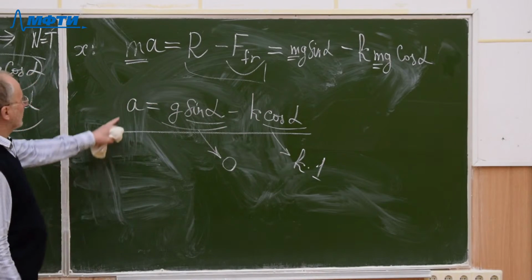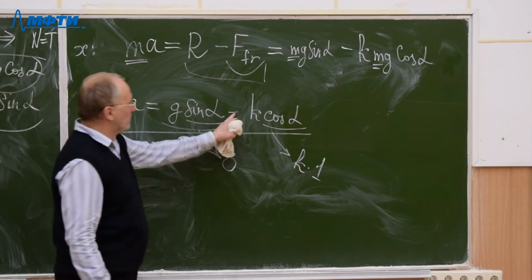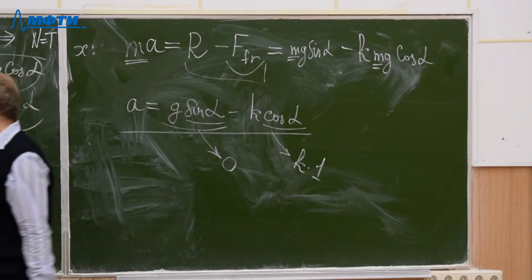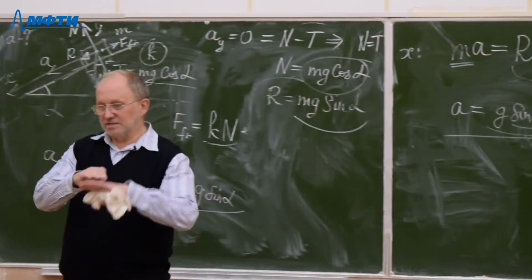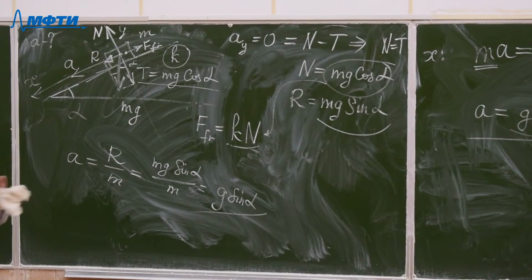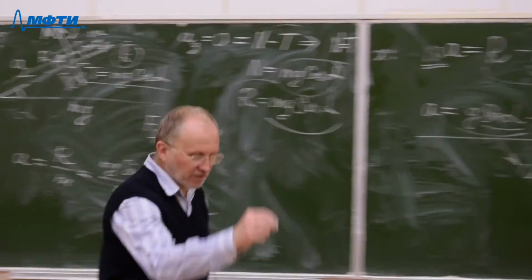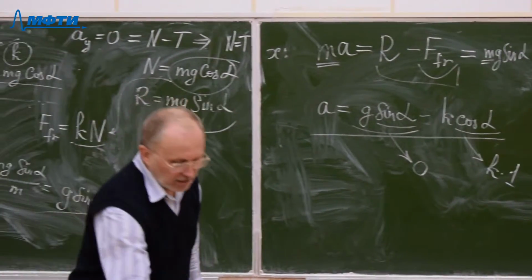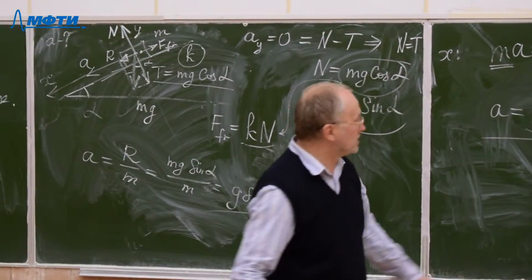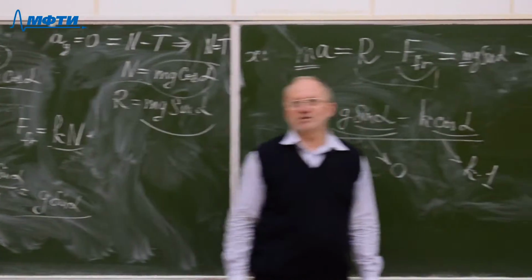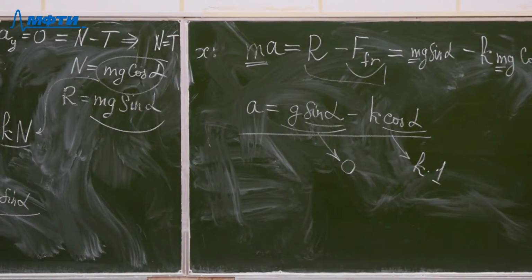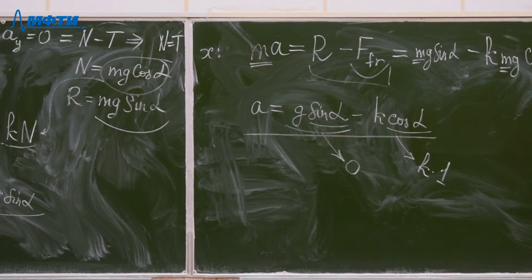And we will obtain that acceleration equals minus k for very small angles. Very small angles means an almost horizontal surface. So if we go to the horizontal surface of the table and I put any object here, it must move immediately with some negative acceleration. Absurd result. Why?